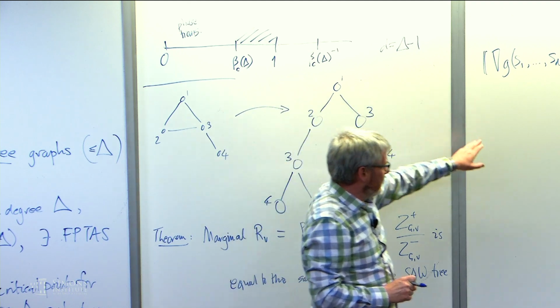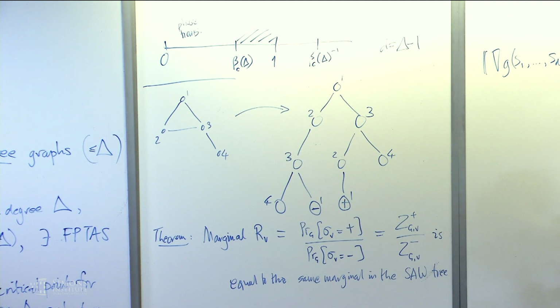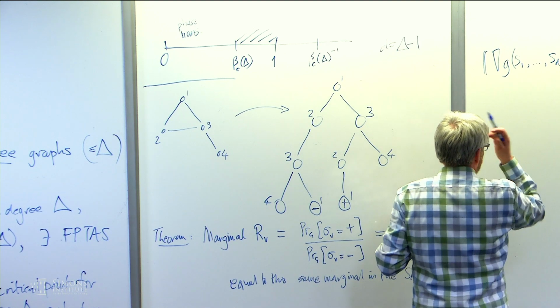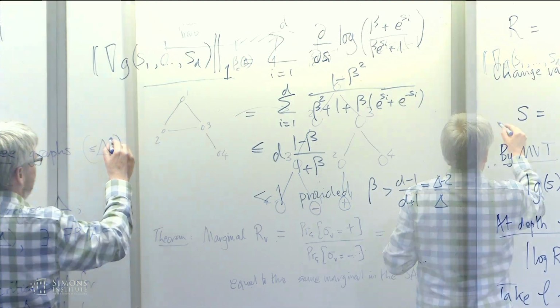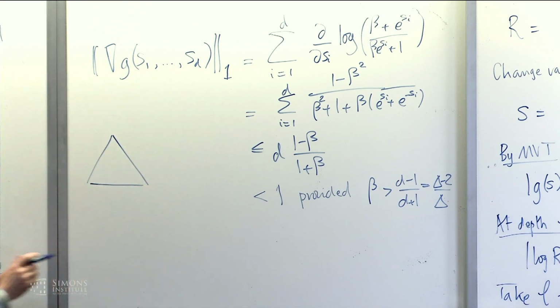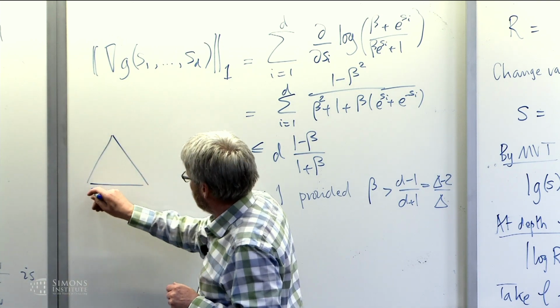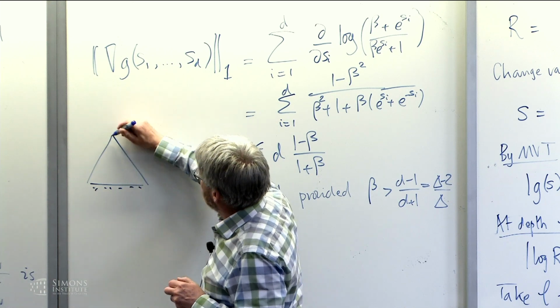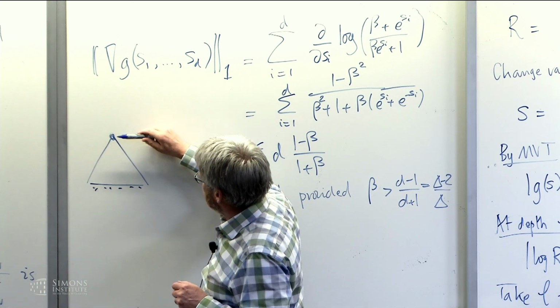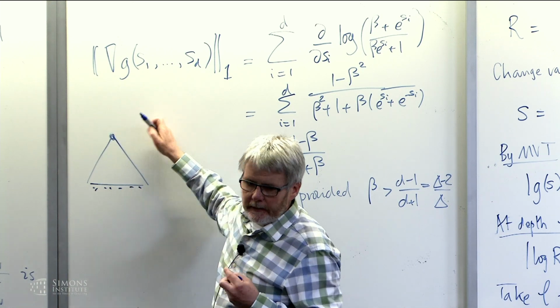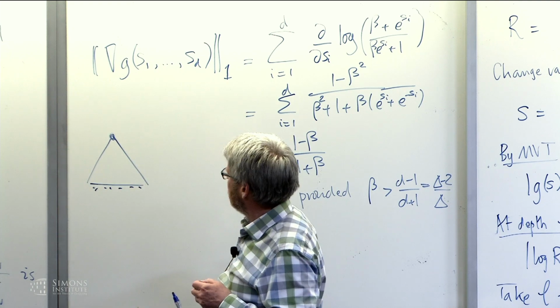The second part is actually a little delicate, because correlation decay on a tree really just says that for an arbitrary boundary put here, the effect on the spin at the root goes to 0 as the depth goes to infinity.